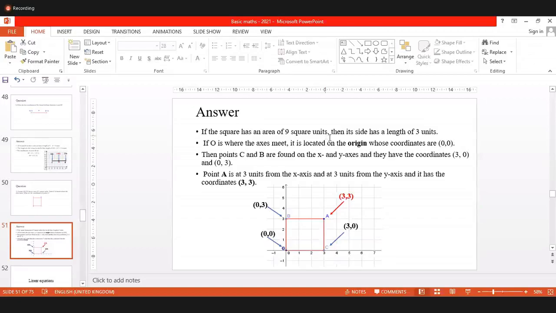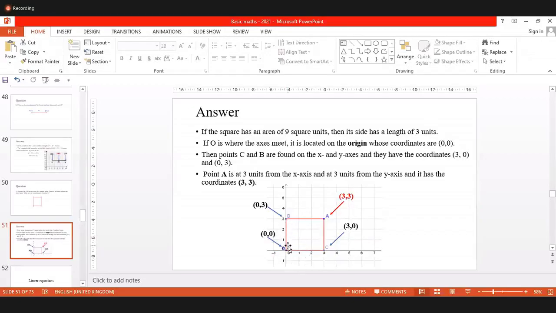Understood, sir. Since O is where the axes meet, it is located at the origin of the system. Yes or no? O is found at this point, so that is the origin. Then we can simply say this point is (0, 0).